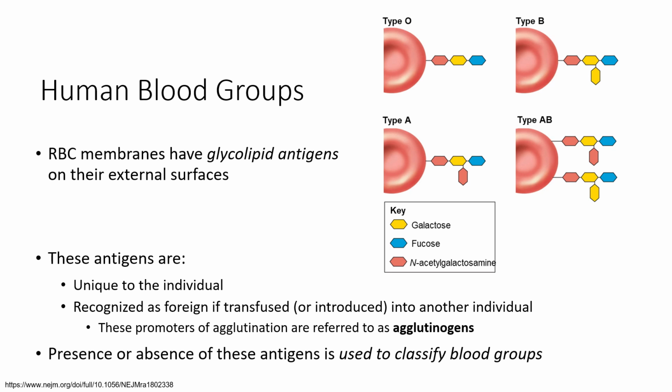These antigens are unique to the individual. So glycolipids that are antigens, meaning antibody forming, glycolipids that are potentially able to have antibodies developed against them.